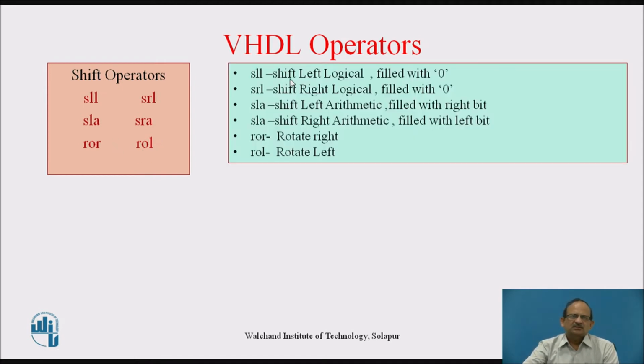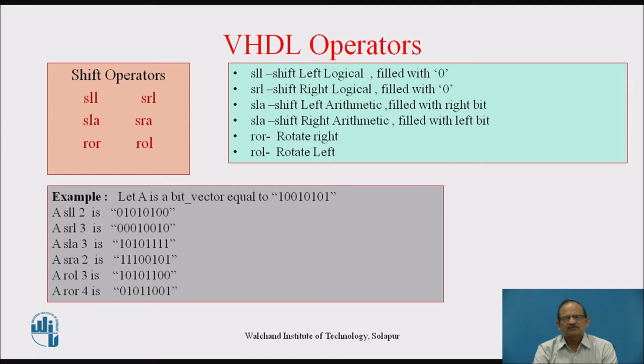Now in the first case, that is in case of logical shifts, the vacated bits are filled with zeros, whereas in case of arithmetic shifts, in case of shift right arithmetic, those bits are filled with the leftmost bit, and in case of shift left arithmetic, those bits are filled with the rightmost bit. And these are the rotate right and rotate left.